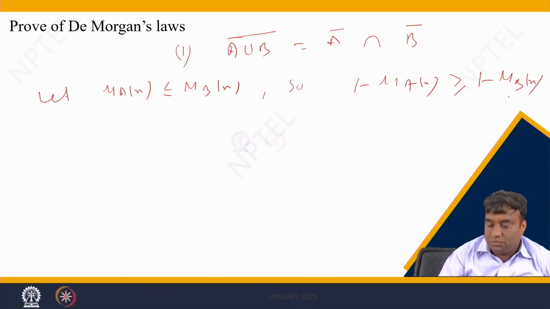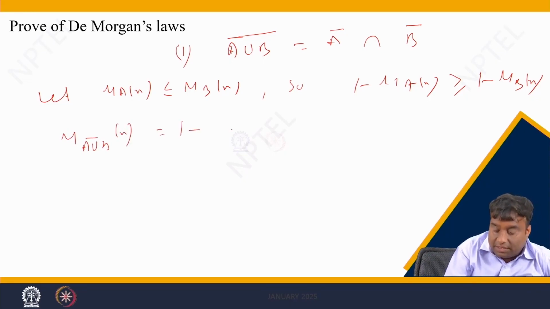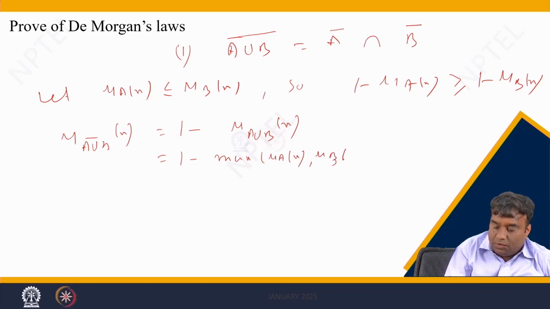Now mu of the complement of A union B is 1 minus mu of A union B, which is 1 minus the maximum of mu A(x) and mu B(x).